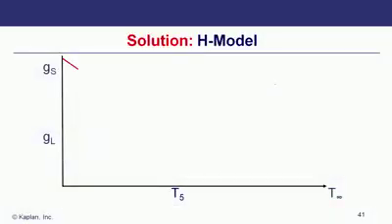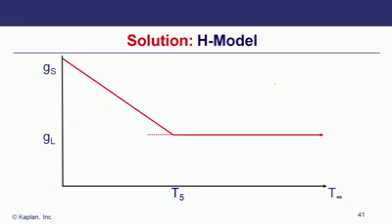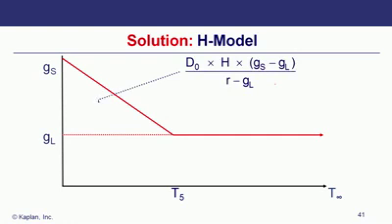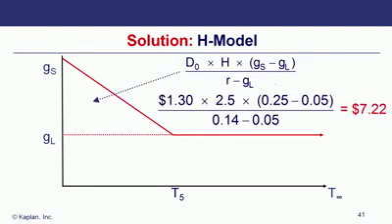So here we go, the solution. This is what we're looking at. We've got a long-term and a short-term growth. The triangle at the top is that second term. Remember, D0 times H times the difference in growth over R minus G. So this area is D0, the current dividend, times 2.5, the transition period over 2, decaying over 5 years, divided by 2, times the difference between high and low growth, the short-term and the long-term growth.